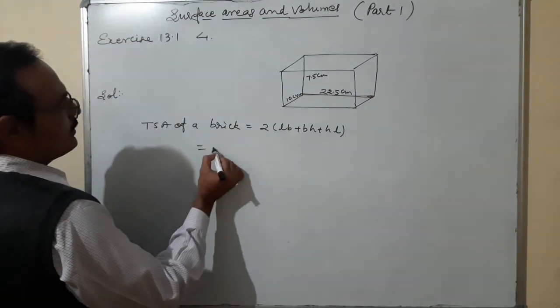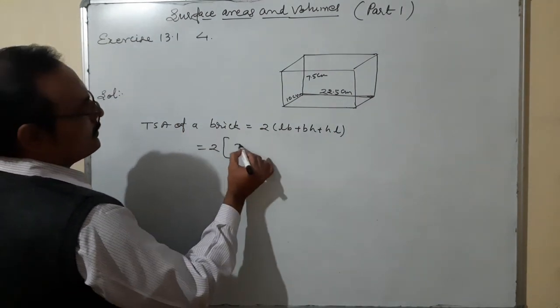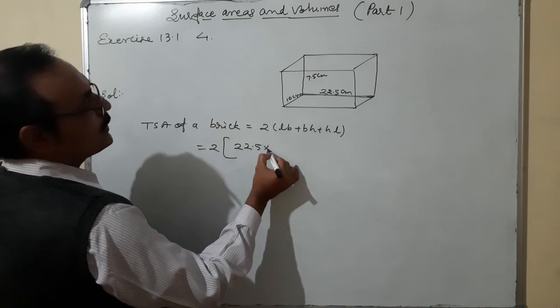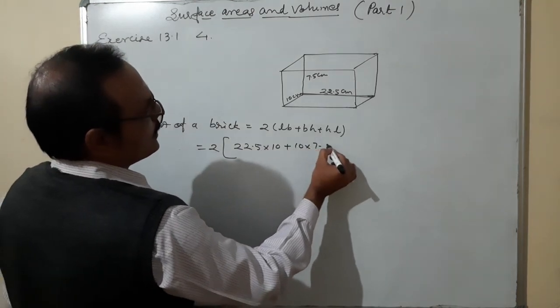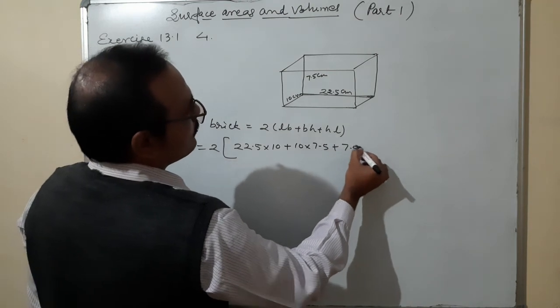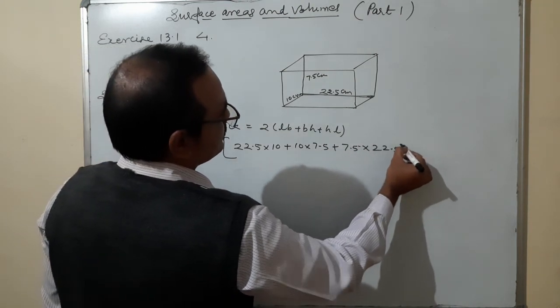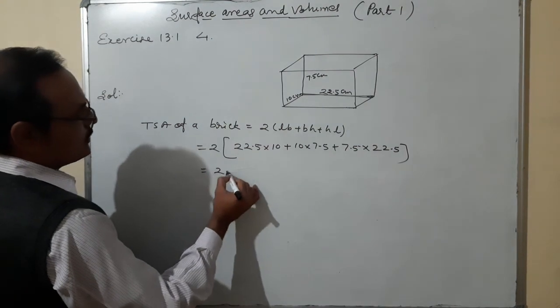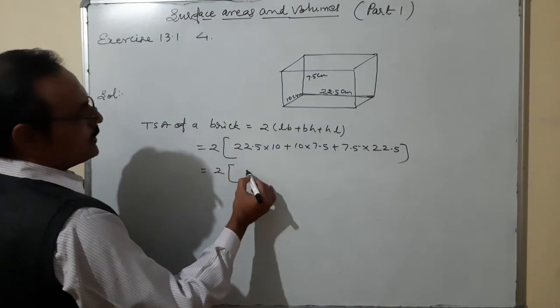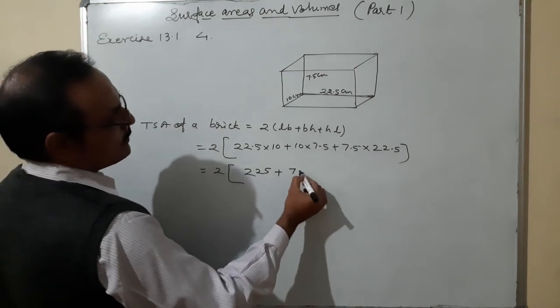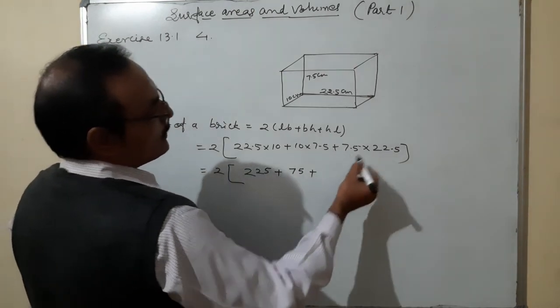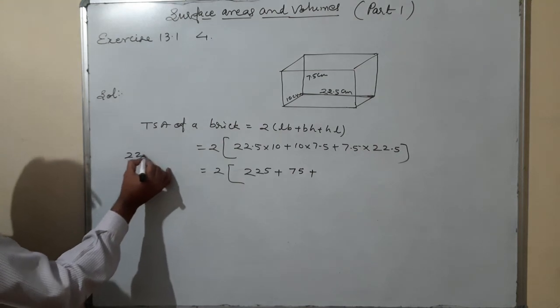Okay, 2 times (length 22.5 into breadth 10, plus 10 into 7.5, plus 7.5 into 22.5). So it is coming to 22.5 multiplied by 10, 225, plus 10 multiplied by 7.5, 75, plus 22.5 multiplied by 7.5.